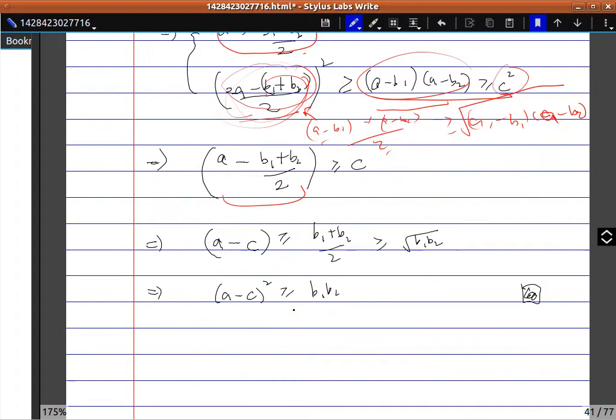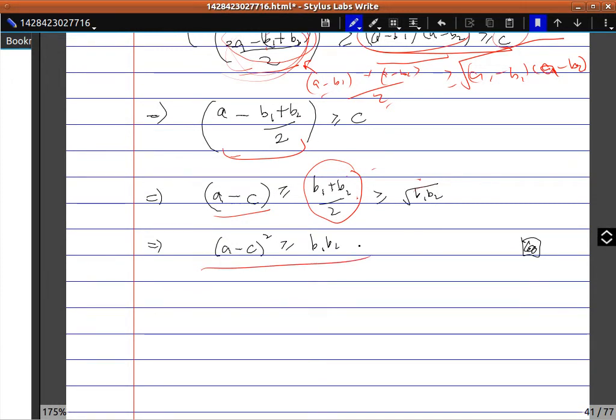Therefore we have A minus C is bigger than or equal to (B1 plus B2) over 2. Again, we can use the arithmetic mean is bigger than the geometric mean. We have this is bigger than or equal to the square root of B1 B2. And then we have (A minus C) squared is bigger than or equal to B1 B2.